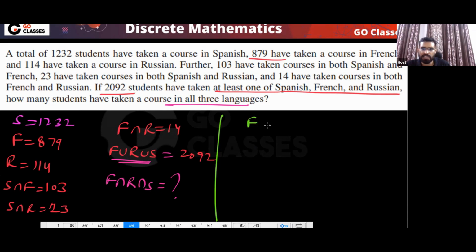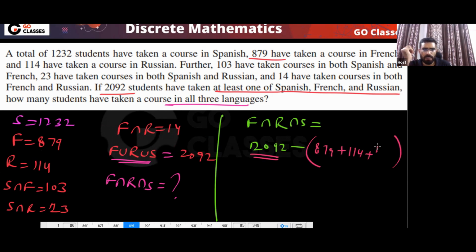The answer will be union minus singles, then you add the doubles: 103 plus 23 plus 14, and then you remove this.